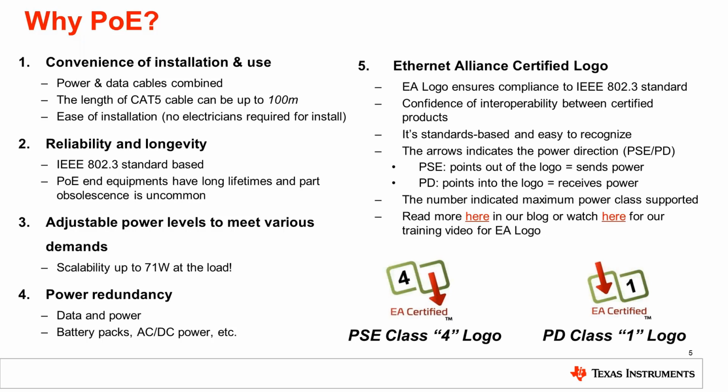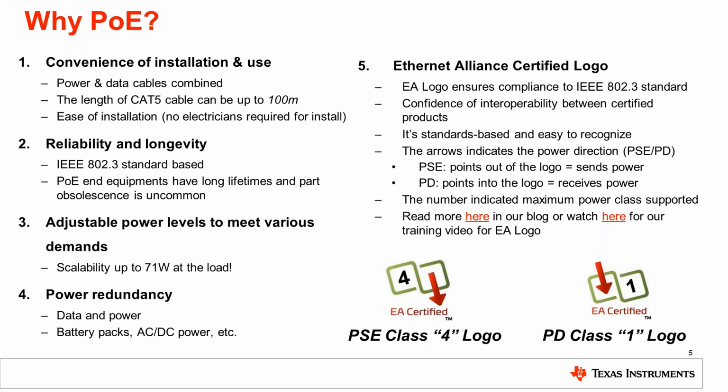And last but not least, a lot of folks choose PoE because one of its main value props is that it's standards-based, and so you can really have confidence of interoperability between certified products. The Ethernet Alliance has put together a certification program. And at TI, we have several of our reference designs that we have put through this test suite to get EA certified logos on our end equipment, on our evaluation modules or reference designs.